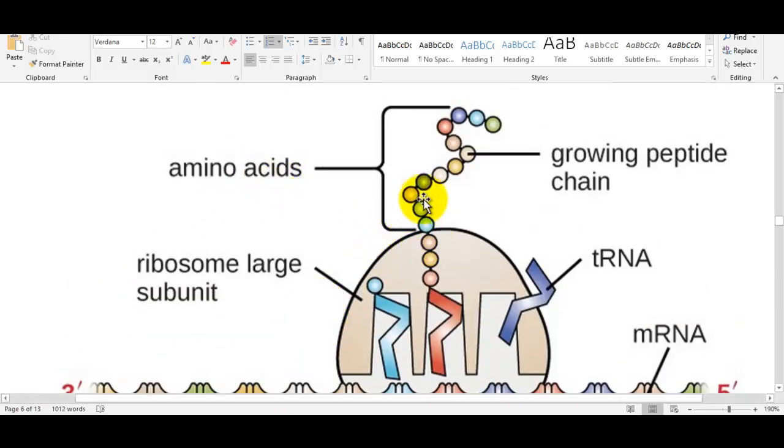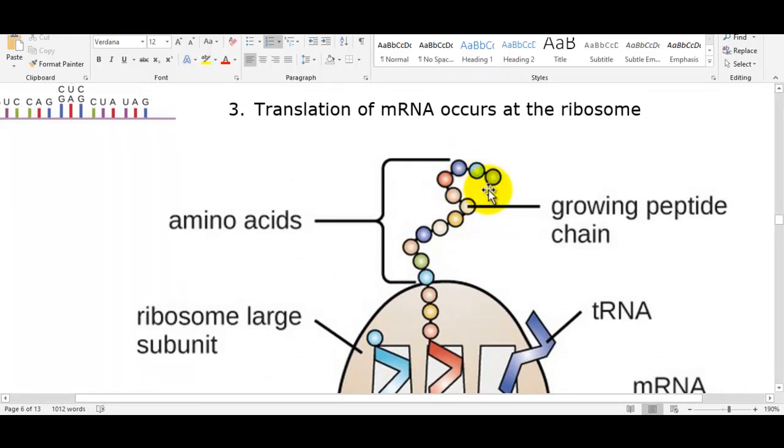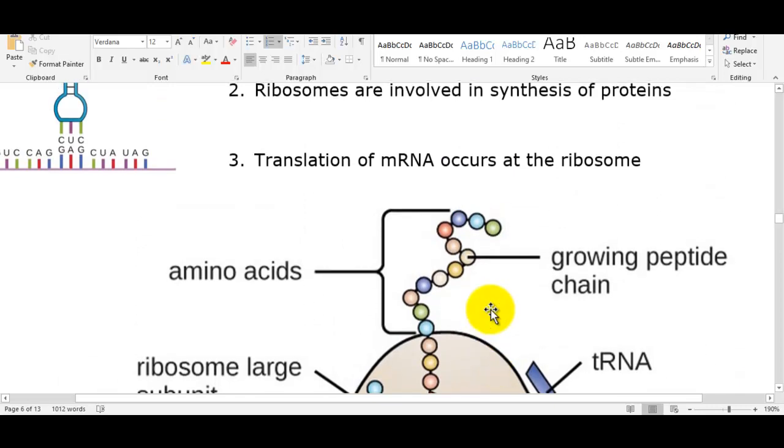And see the growing polypeptide chain? This ribosome is making that chain, making the protein. So just like in Jurassic Park, you're able to make a dinosaur. In Gattaca, you're able to make a person, and give your kid whatever traits you want based on the code.